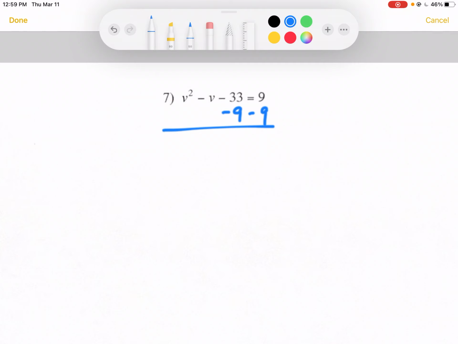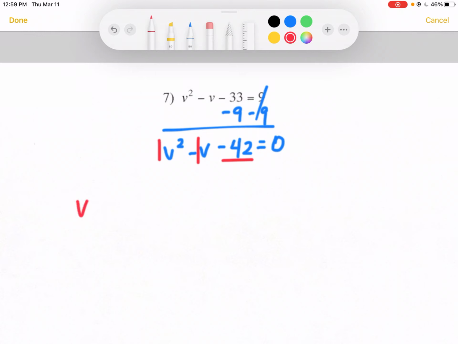That's not that complicated. You're going to have v squared minus v minus 42 equals 0 because those 9s zero out. So for purposes of the quadratic formula, my a is 1, my b is -1, and my c is -42.